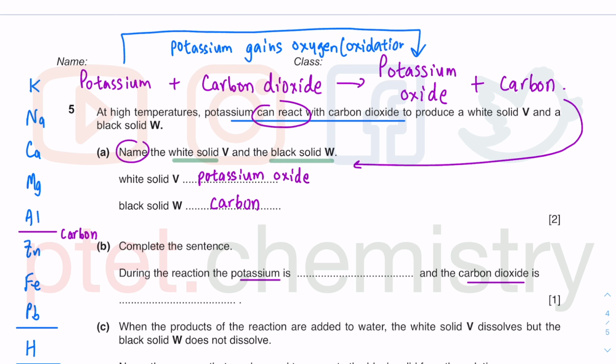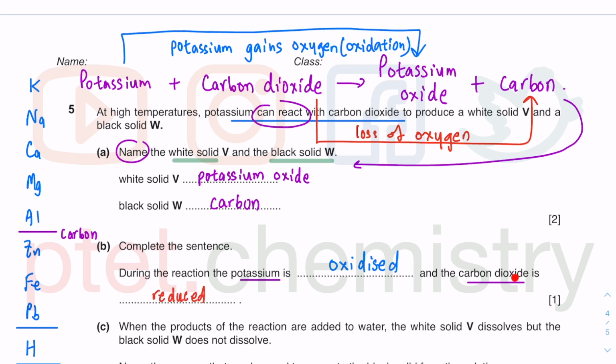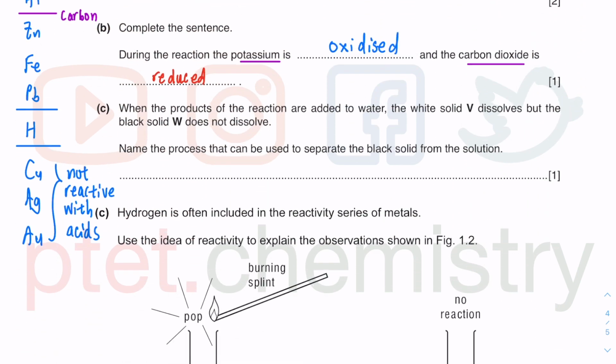Therefore, the verb you are looking for here is that the potassium gets oxidized, as it gains oxygen. And what happened to the carbon dioxide is that it loses oxygen. Carbon dioxide has oxygen, then carbon has no oxygen. Loss of oxygen is what you call reduction. So the carbon dioxide gets reduced there.